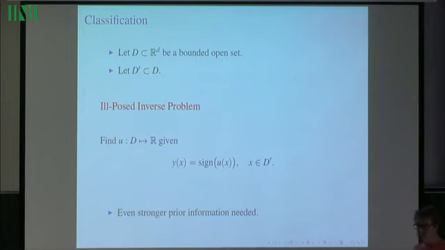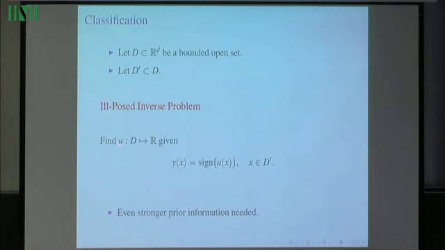So where we're going to get to by taking the limit n goes to infinity is a continuum inverse problem, which will be formulated as finding a function on a bounded open set D in R^d. R^d is where the unlabeled data live. D prime is a subset of D, and the ill-posed inverse problem that will come out of this large graph limit is somewhat like regression, but it's a classification version.